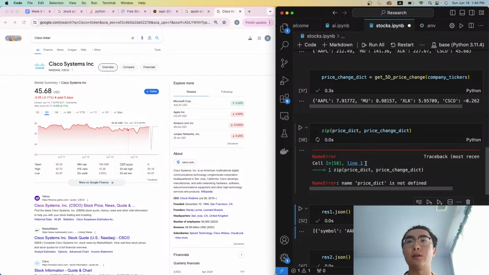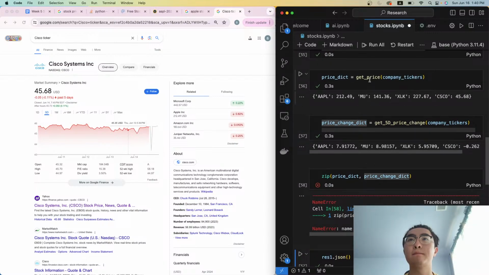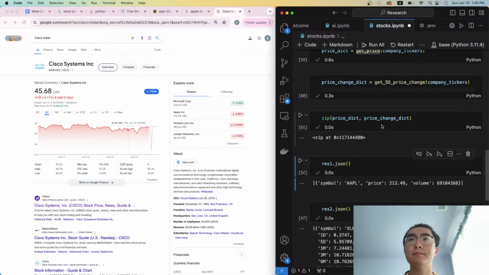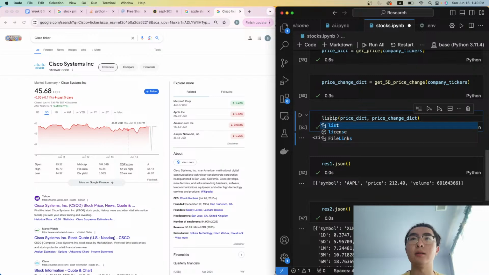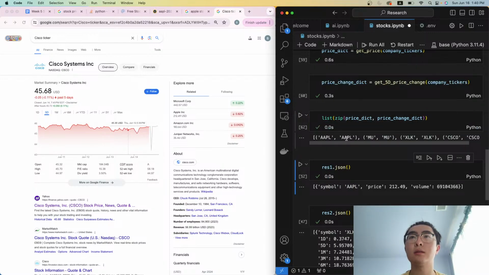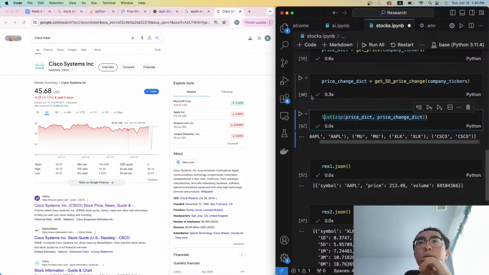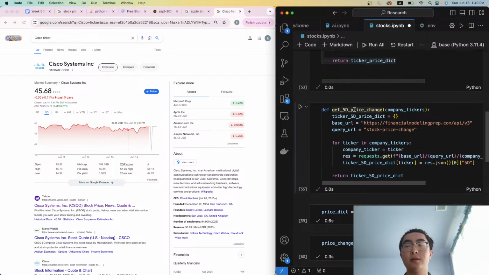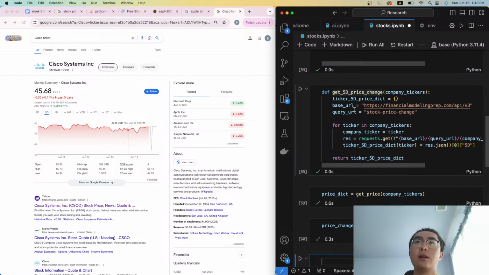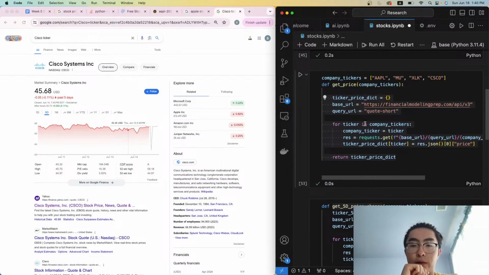Yeah, I don't think this is gonna work then. Let's see. Oh, right, no, this will zip the keys. Okay, let me try to think here. Maybe we want to combine this into one function then?